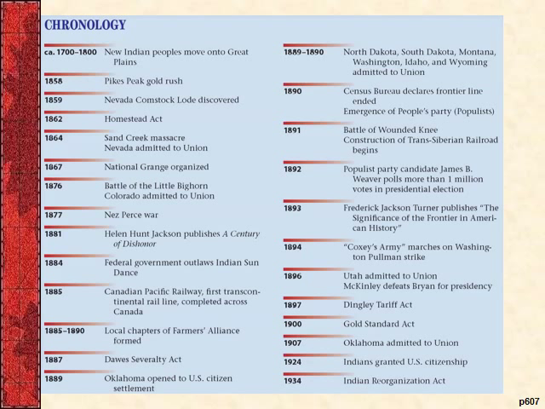Then you get the end of the frontier in 1890, and the emergence of the People's Party. So all these other farmer parties start to consolidate into the People's Party, 1890. Battle of Wounded Knee, 1891. Then you get the Pullman Strike, 1894. And that's about it. See you later.